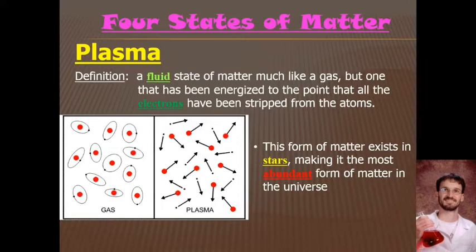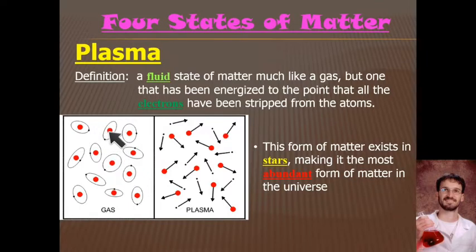But plasma is another fluid, and it's a fluid state of matter that's like a gas that has been super energized. So here, we'll just call these hydrogen atoms. Remember, hydrogen gas itself would be H2, just like oxygen gas would be O2. So these are just hydrogen atoms, but they're in a gas state because they're separated from each other.